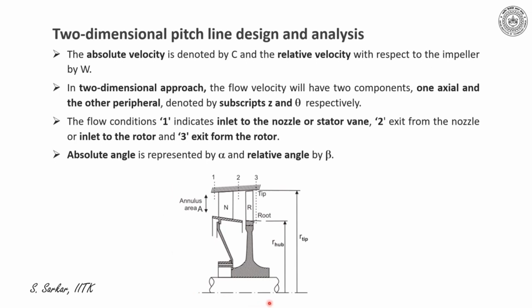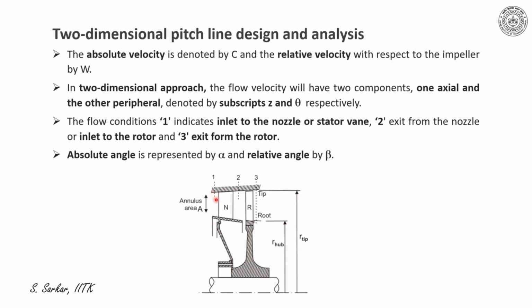I have presented here the schematic of a gas turbine stage where the stationary blades are indicated by nozzle followed by a rotating blade row which I have designated as rotor. Now rotor is connected to the rotating disc, so I have shown here the hub radius r_hub and tip radius r_tip.